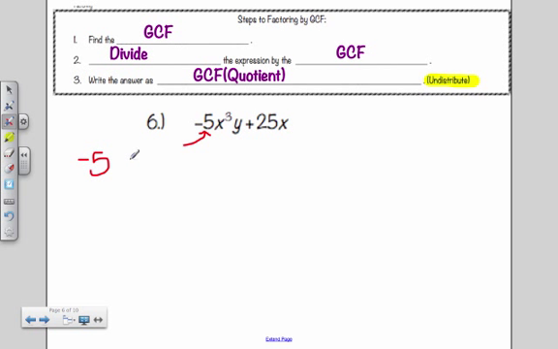Then you're going to look at your variables. Look at each variable separately. So let's look at the x's first. You've got x to the third power here, and you have x to the first power. Remember, we're going to look for the lowest exponent. So the lowest exponent in common with the x's is x to the first power. Then look at your y's. There's y to the first power here, and there's no y's here, so it's technically y to the 0th power, making the lowest exponent y to the 0th power, but don't forget that anything to the 0th power is really just 1.